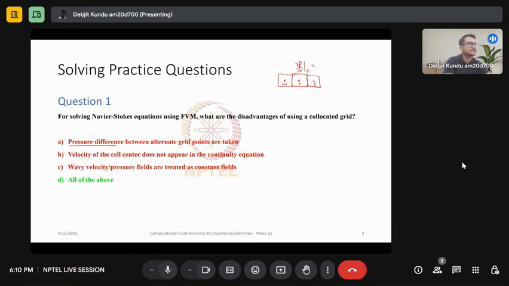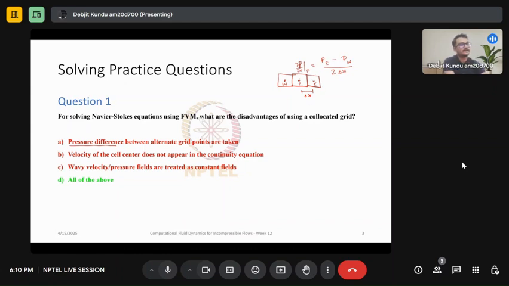So this will ultimately boil down to (PE minus PW) divided by 2 delta x, delta x being the constant difference between these two.